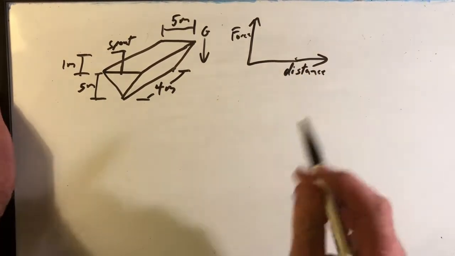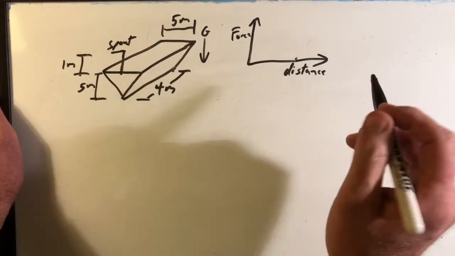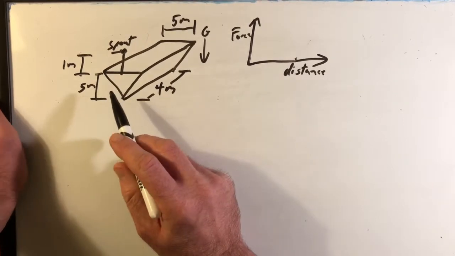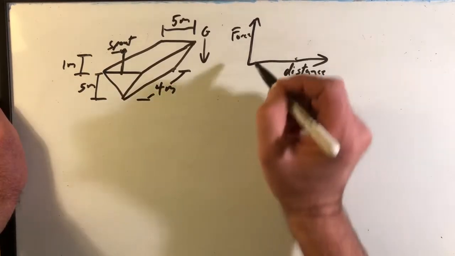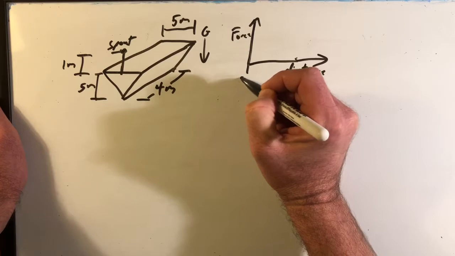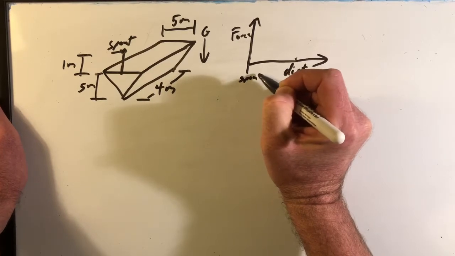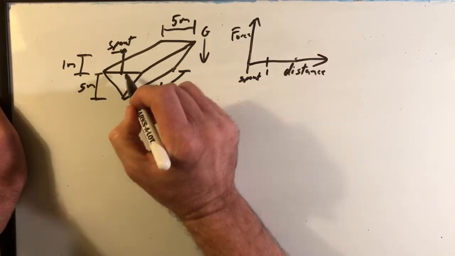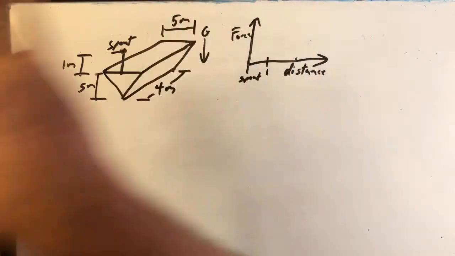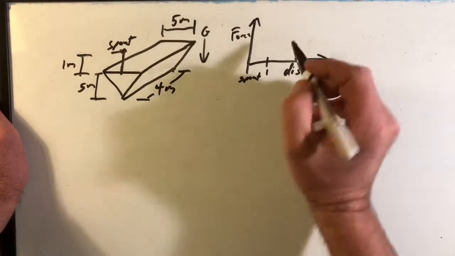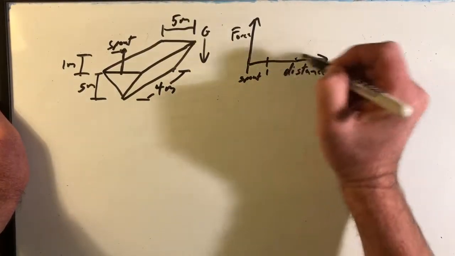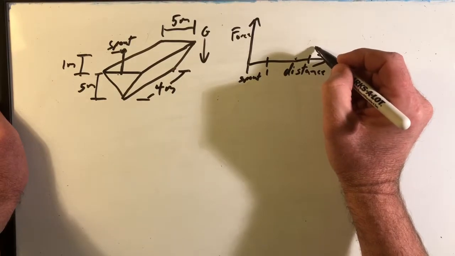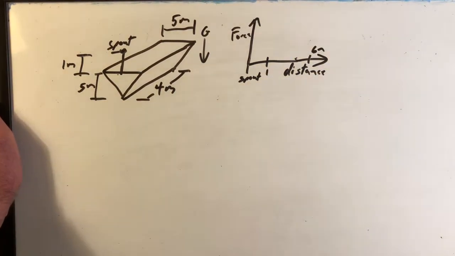Because we're dealing with liquid and pumping and overcoming gravity, I like to always say that the spout is the origin. So the spout would be right here, and not until 1 meter is the mass of the liquid starting to come out. And then it goes all the way from 1 meter to 6 meters here.